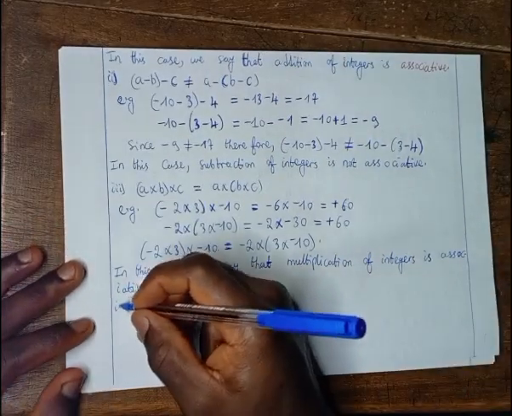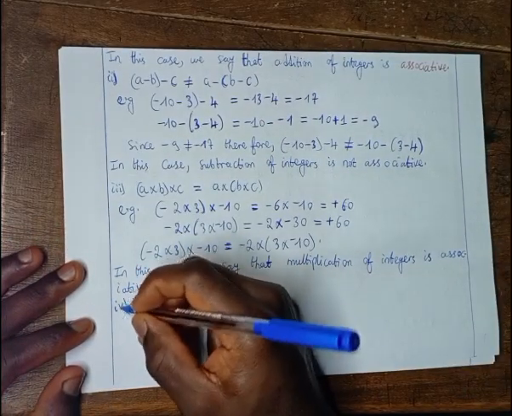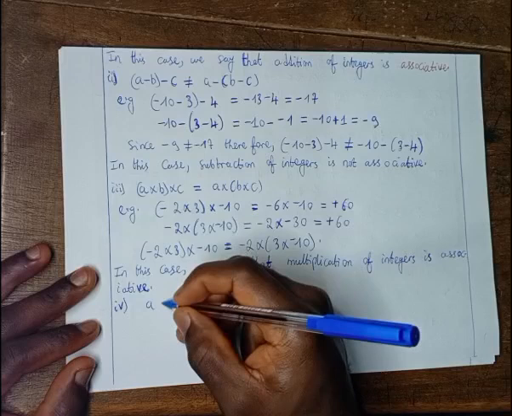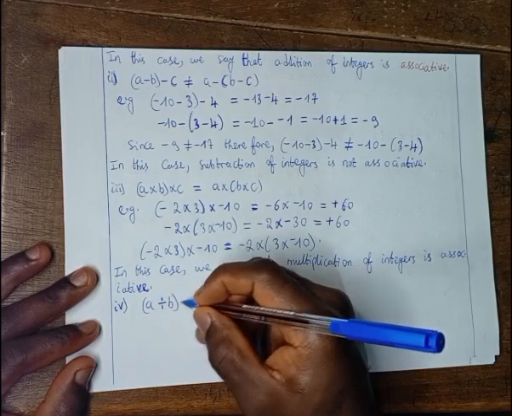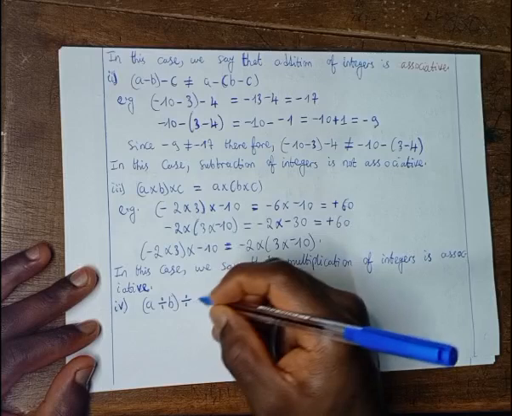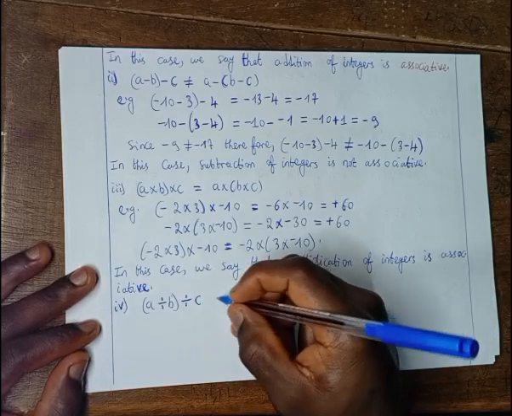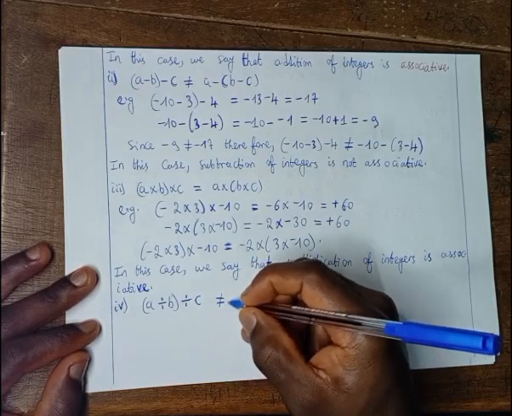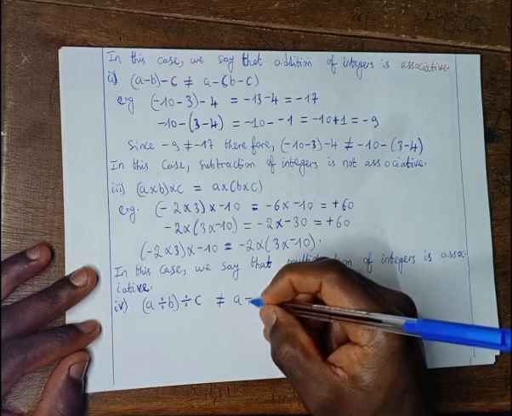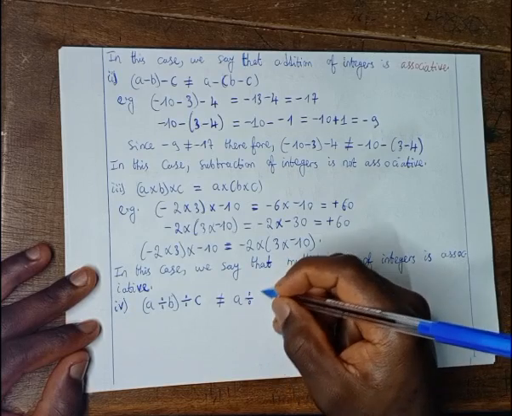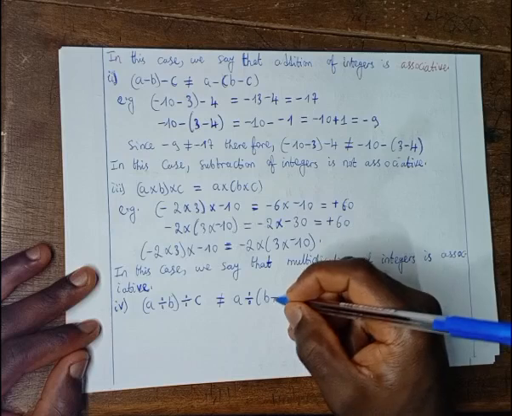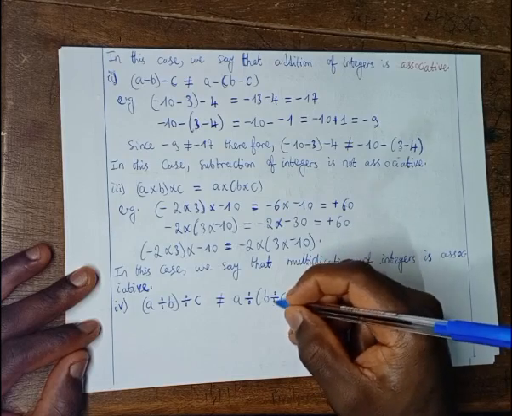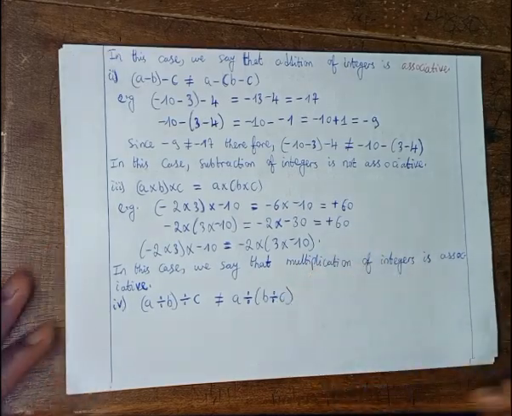Next, now let's take 4. If we take A divided by B, then we divide the result by C. It is not equal to A divided by the result you obtain when you divide B by C. It's not true.